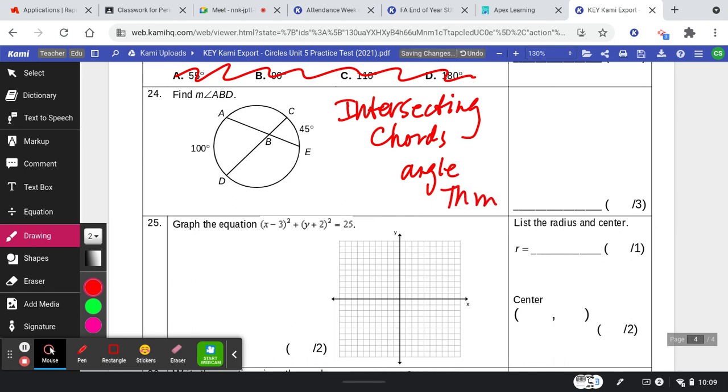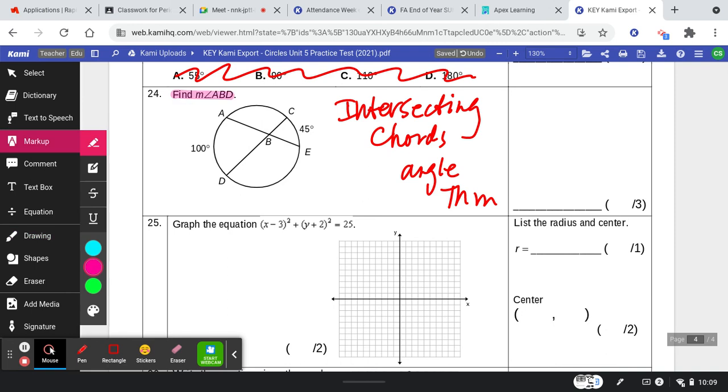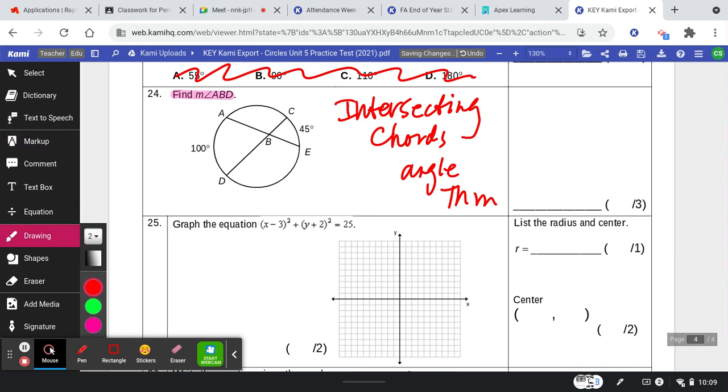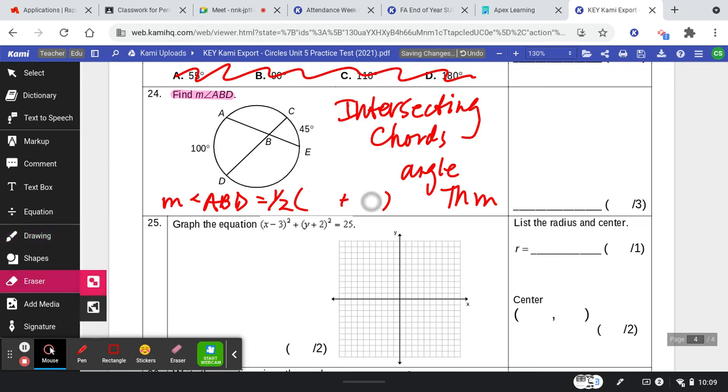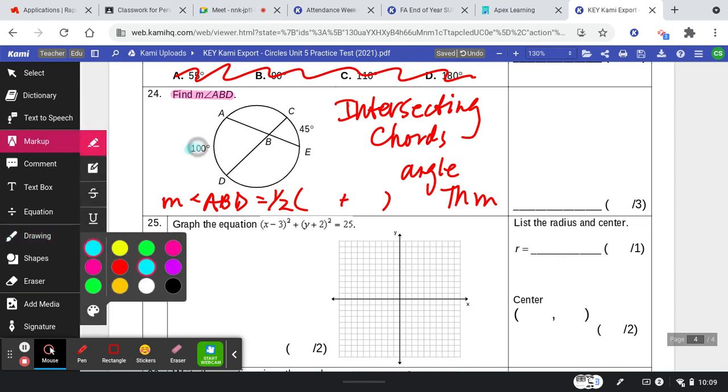And this says that the measure of ABD is equal to half of the two arcs. So what are those arcs? Let's see, what's my first arc? Good, and it doesn't matter which one you do first this time.